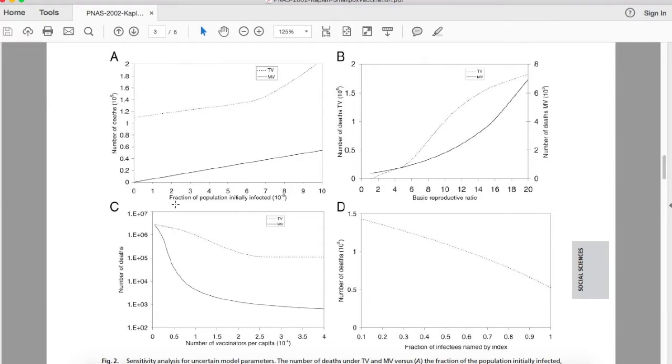So in 2A, they're looking at when we vary the fraction of population initially infected from 0 to, here, 10 times 10 to the negative third, how does that affect the final number of deaths? And then they did the same for 3 other parameters. And so in the code, you're going to basically make this graph and then you're going to choose one of these three to do a sensitivity analysis on as well.